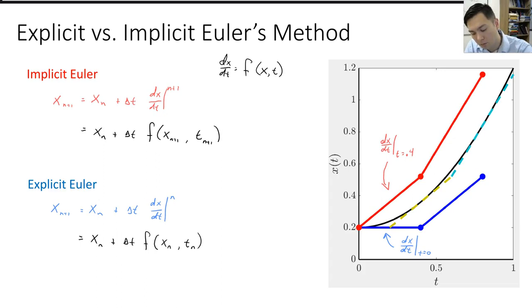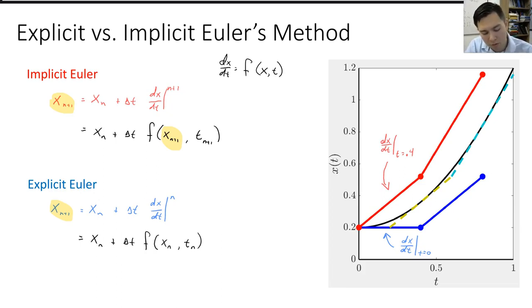Now, an important thing to identify, though, is what are the unknowns in our equation? The unknowns are the values at time index n plus 1. So for the explicit case, we only have one unknown, and it's on the left-hand side, which means all of the information on the right-hand side is known, and we can take those values, plug those into the equation, and then move forward easily.